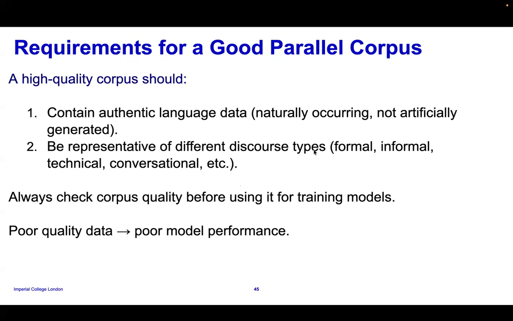If you want to create machine translation data, don't just create data from sport or just from health, from one domain. The data should be formal, informal, technical, conversational. Technical, maybe you can include a parallel corpus about the health domain, about the football domain, about many different domains, so that your model can generalize from different text. Because when you have poor quality data, the performance of your model will also be poor.